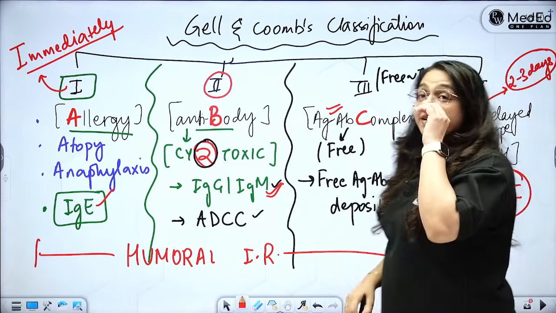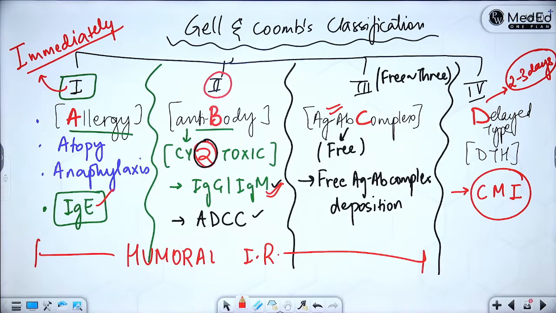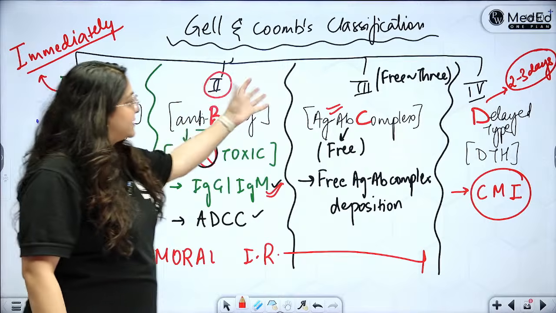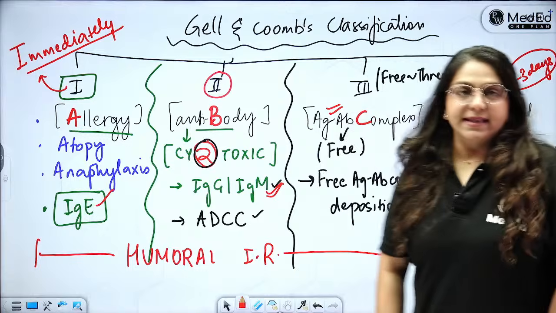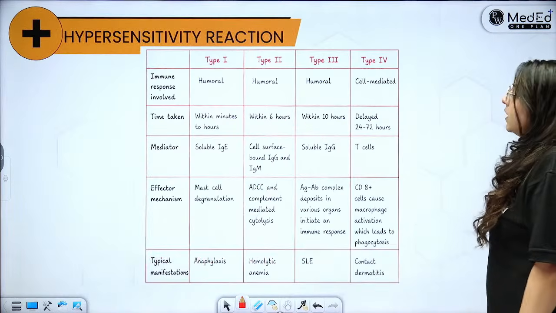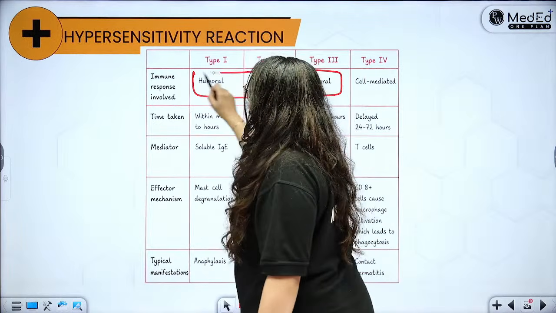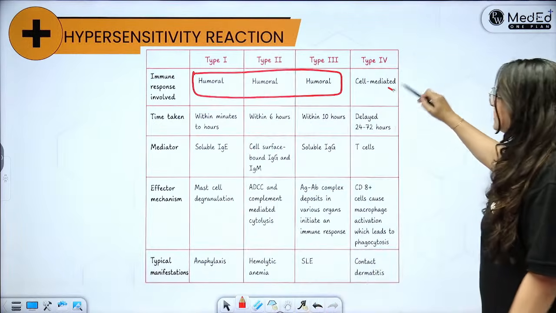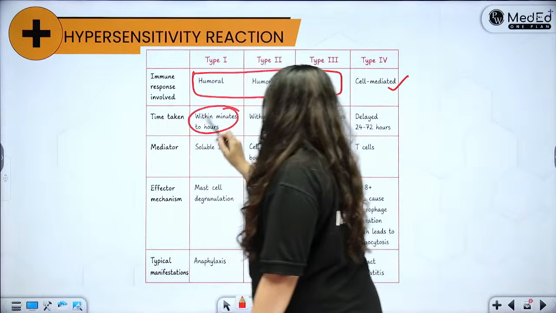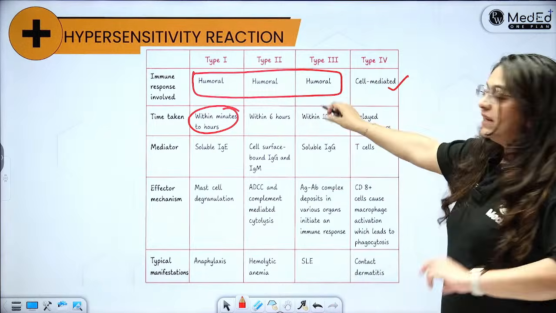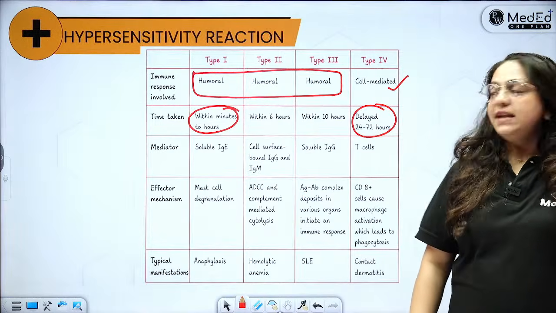Yes, so type 1 is immediate, 1 looks like I, it is immediate, whereas type 2 and 3 take a few minutes to a few hours, and type 4 takes around 2 to 3 days to develop. ठीक है? Like I said, type 1, 2, 3 all are humoral immune responses, and type 4 is a cell-mediated immune response. Time taken, type 1 happens within minutes to hours immediately, type 2 and 3 take a few hours, whereas type 4 takes around 2 to 3 days, it is delayed, right?